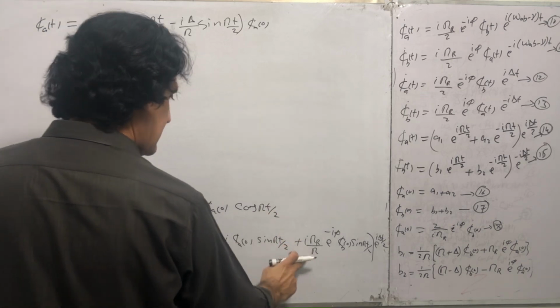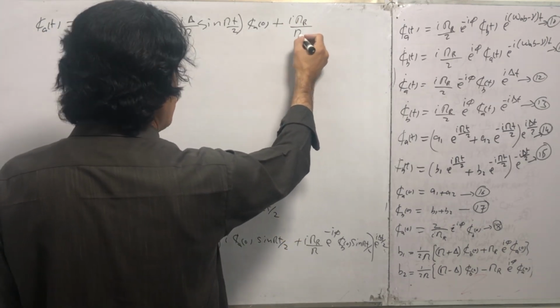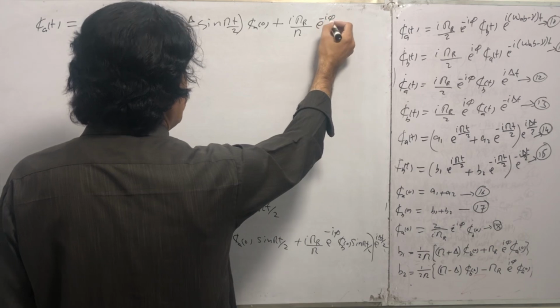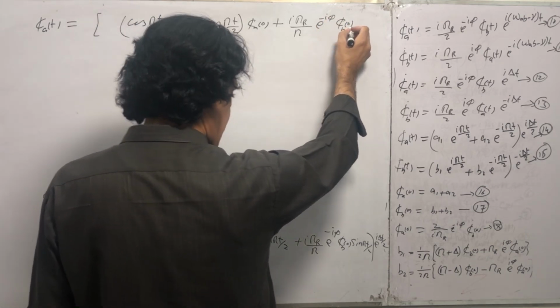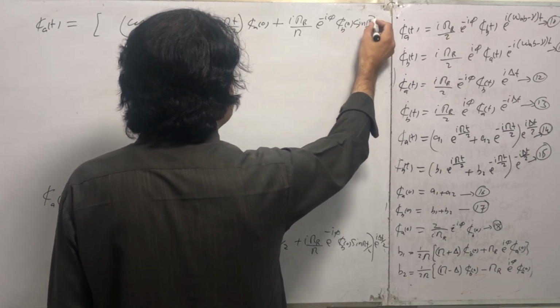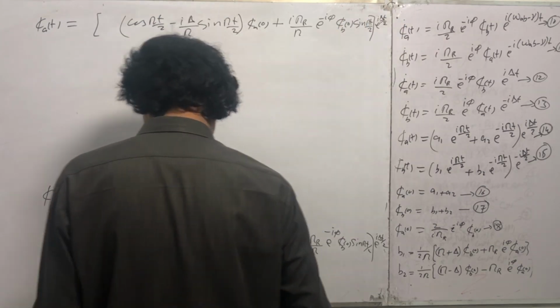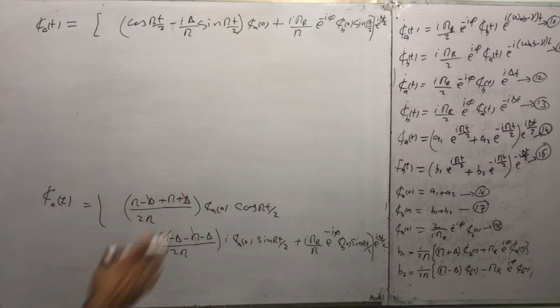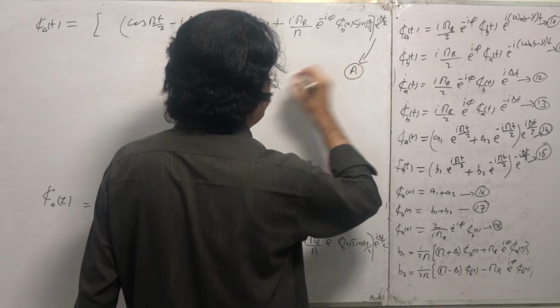Then the last term is plus i Ω_R divided by ω, e to the power minus iφ and C_B(0) and sin(ωt) divided by 2 and e to the power iΔt divided by 2. So this is equation number A.